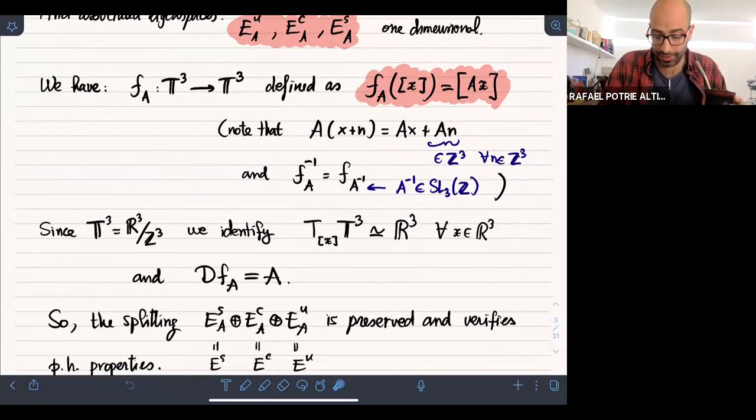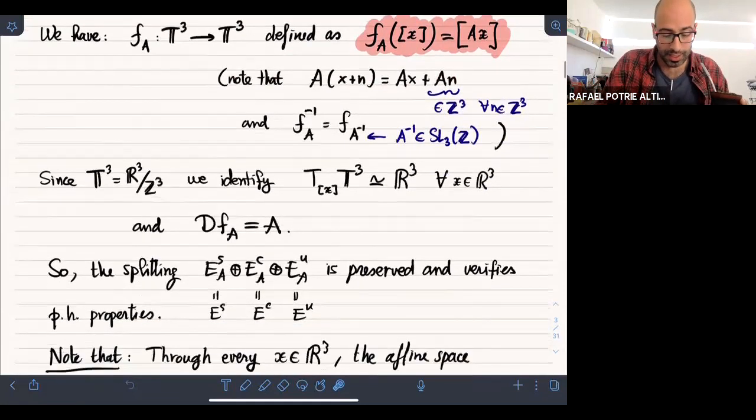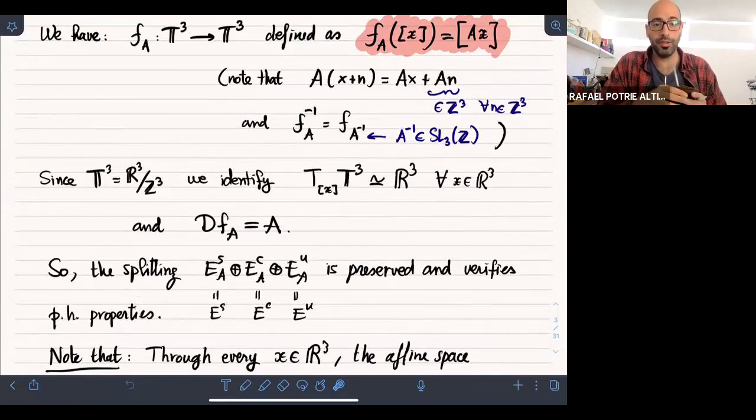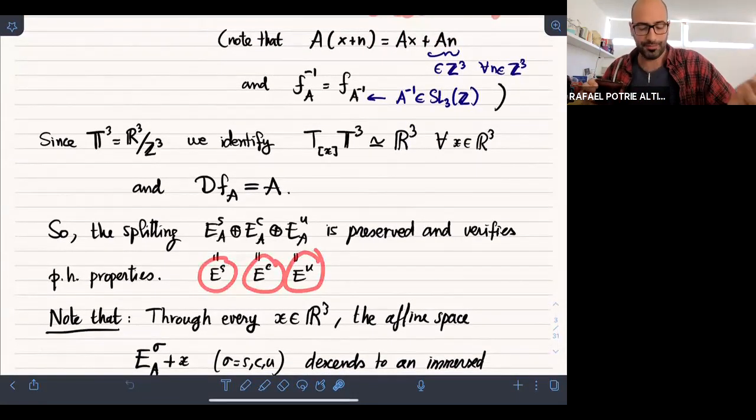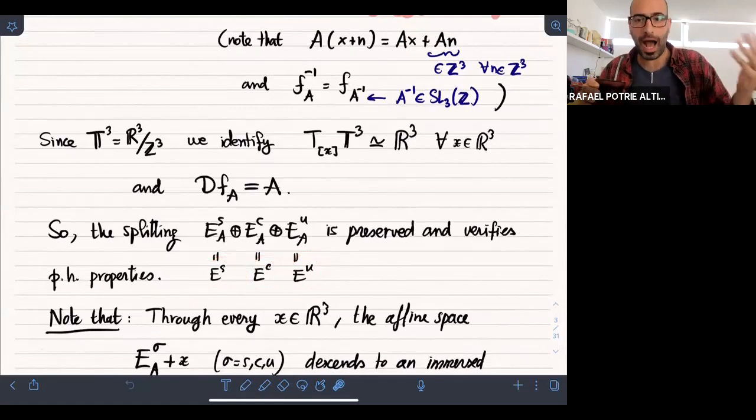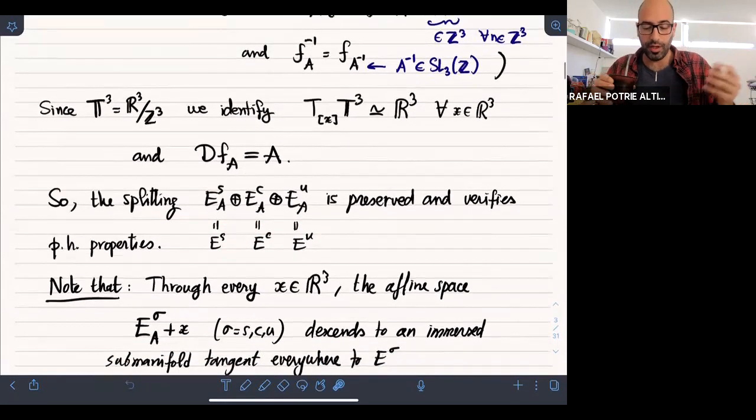So you can define this in the quotient, and the derivative of the automorphism is exactly the matrix A at every point. Using this identification, we can define three eigendirections that are preserved by the derivative and verify the conditions of partial hyperbolicity.